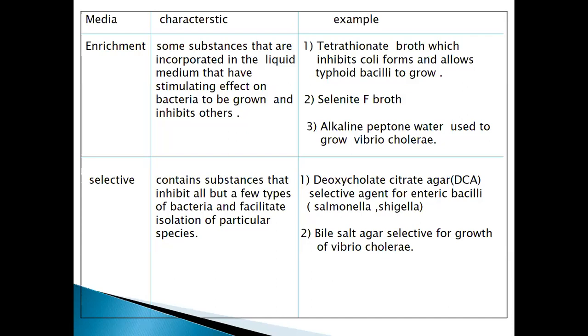I am using the word broth, that means it's liquid. Media containing substances that will inhibit all but a few types of bacteria and facilitate isolation of them is called a selective media. Example, you have got deoxycholate citrate agar.